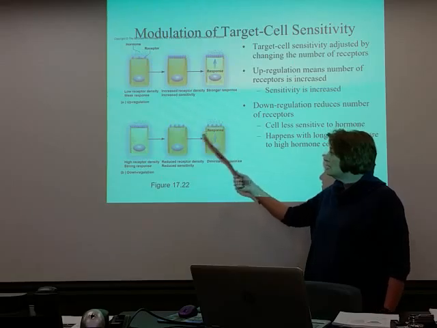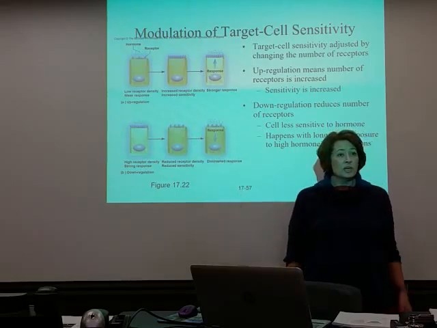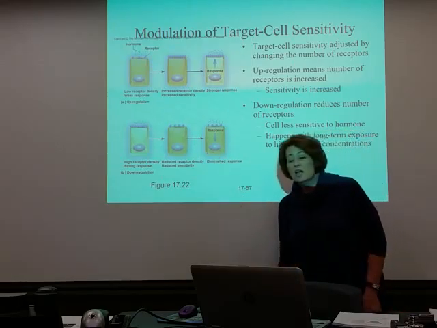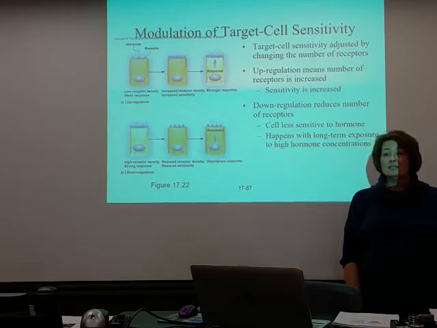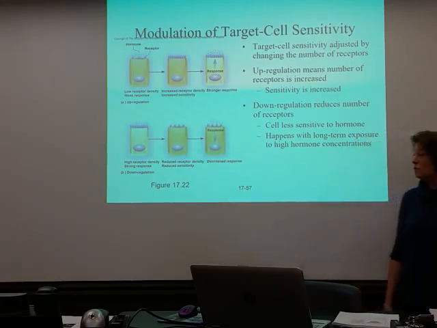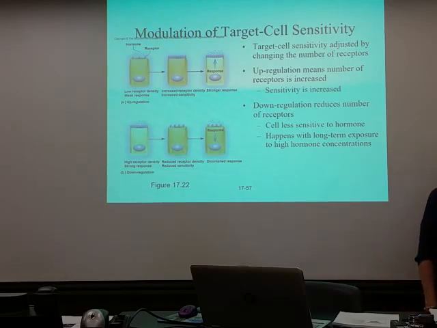And it will decrease the number of those receptors, makes it less sensitive to the hormones, and therefore decreases the taking in of that chemical. This is what could happen with a long-term exposure to a hormone.